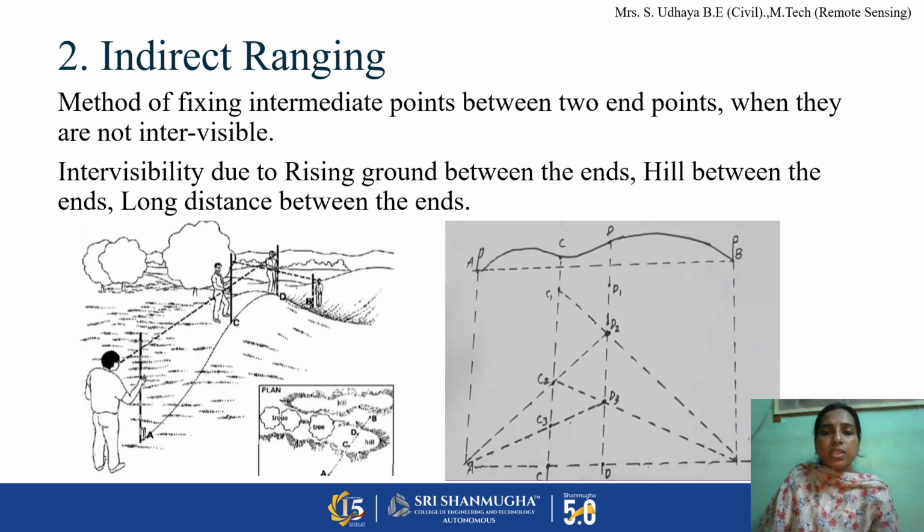In this case, we identify two other survey stations, C and D, approximately, so that from C both A and B are visible, and from D both A and B are visible. We need four persons: one standing at A with a ranging rod, another standing at B with a ranging rod, and two more at positions C and D. A and B are not intervisible.